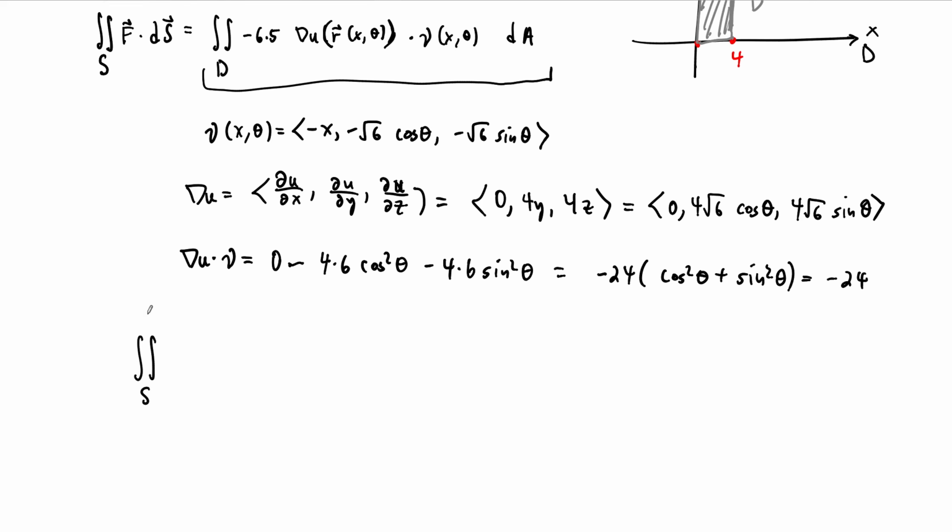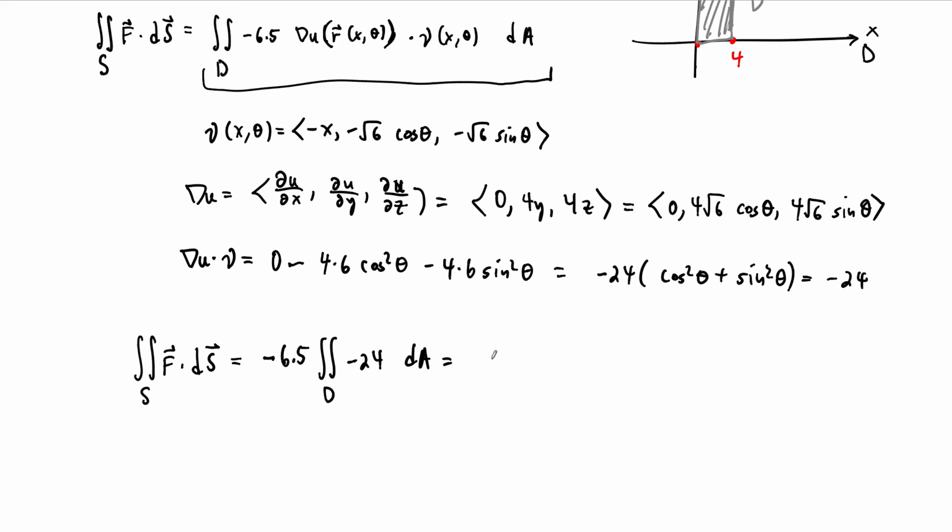So the double integral over our surface of F dotted with dS, this is the heat flow. This is going to be equal to negative 6.5 times the double integral over our parameter domain D of negative 24 dA.